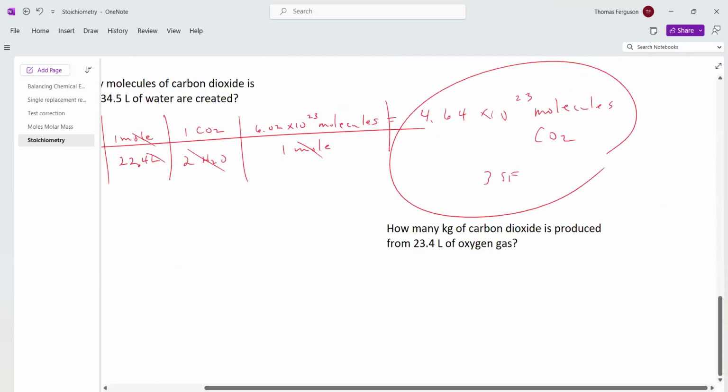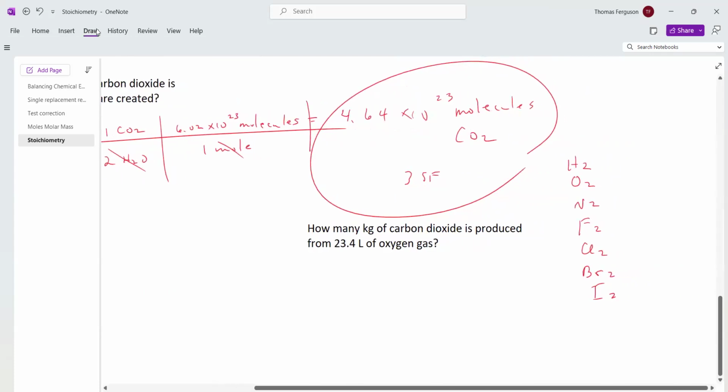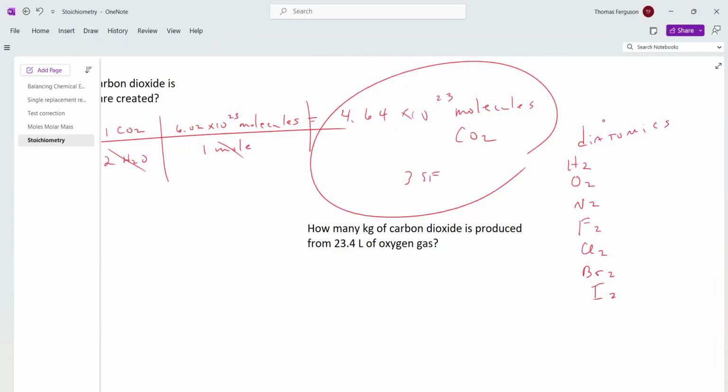So whenever you see hydrogen, hydrogen twice. Whenever you see oxygen, oxygen twice, etc.